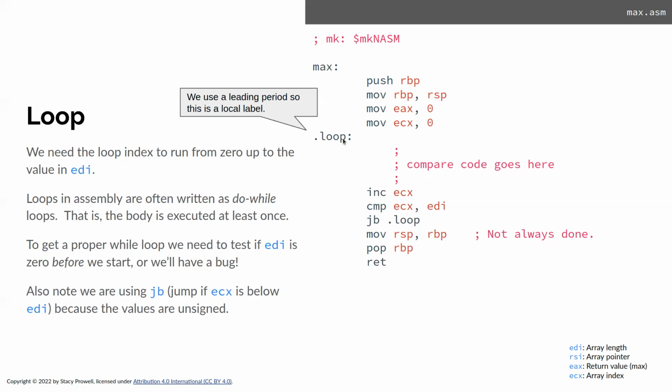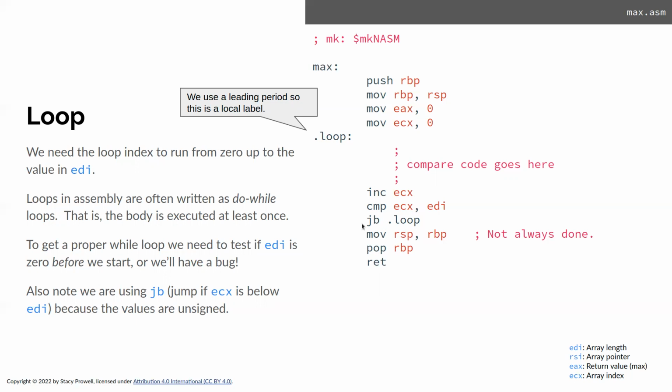And so here's the top of my loop. I'm going to go through the body of it, and I'm going to increment ECX each time through, and I'm going to compare ECX to EDI. What was EDI again? EDI was the array length. So I'm comparing index to count from my original C code. And if I am below, I jump back up to loop.